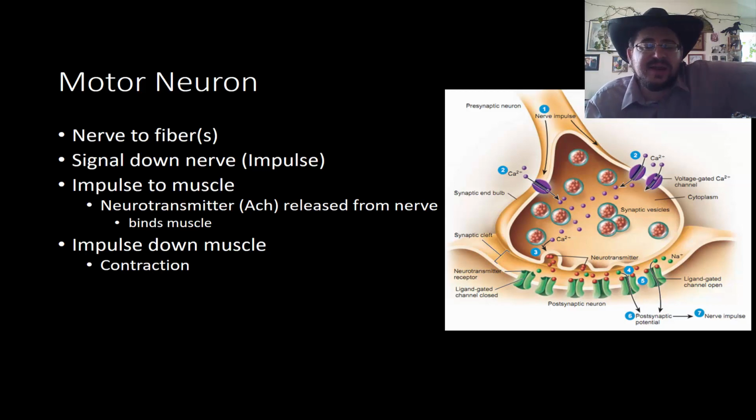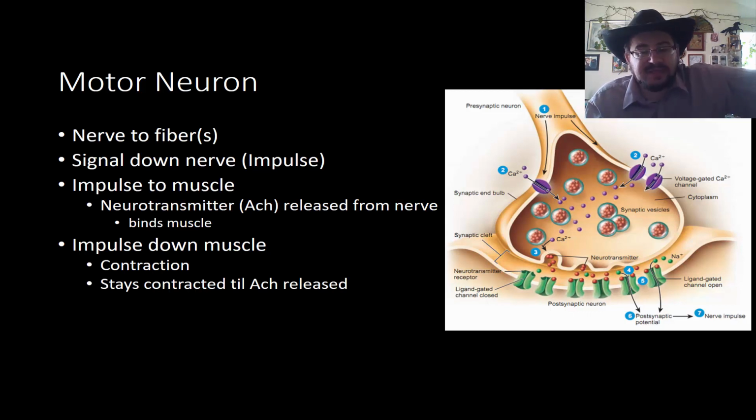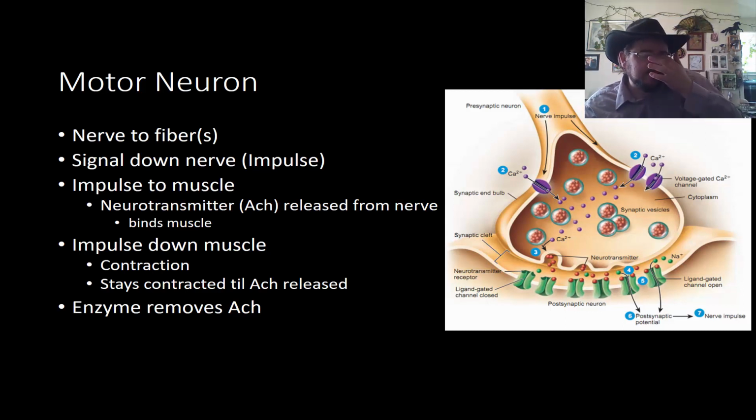As long as there is ACH, as long as there's acetylcholine attached to the muscle, it stays contracted. There's actually a little enzyme that rolls in here and removes acetylcholine. And it's when you remove acetylcholine that the muscle relaxes.